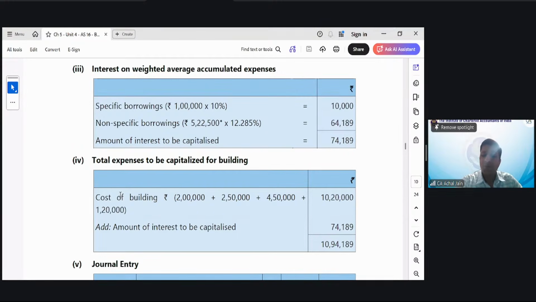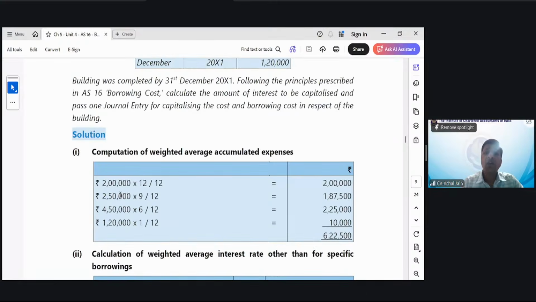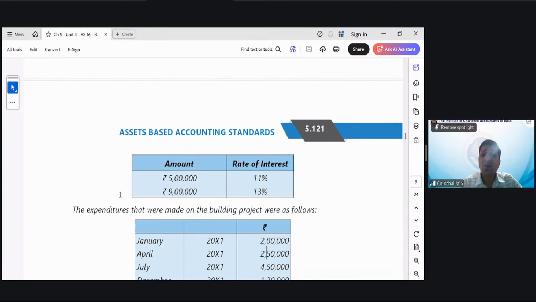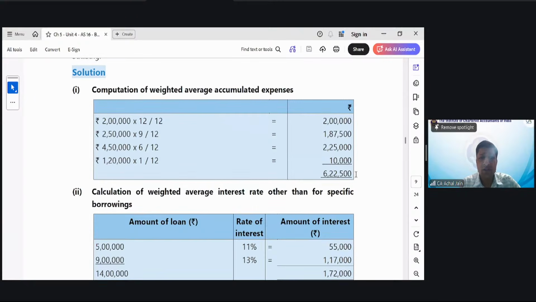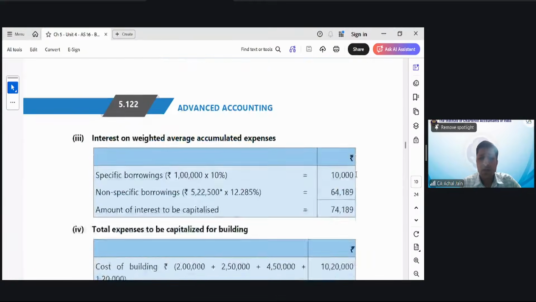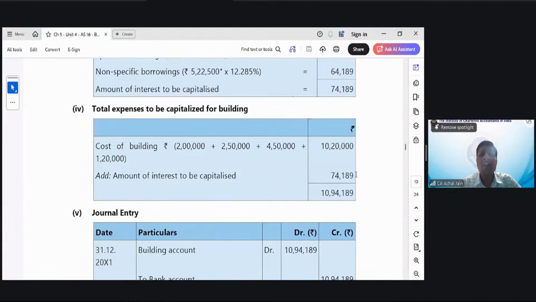Now, what is the total amount that has been spent on the construction of the building? 2 lakhs plus 2,50,000 plus 4,50,000 plus 1,20,000. So if you sum it up, what do you get? 10,20,000. This is the amount spent on the project.